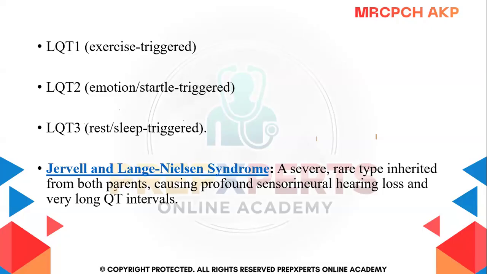They are inherited, and there is also deafness, sensorineural hearing loss, associated with this QT interval. So in a scenario, if the father is also deaf and the child is fainting, you should get an idea that maybe he's talking about long QT syndrome.